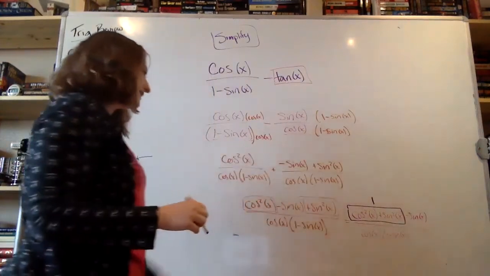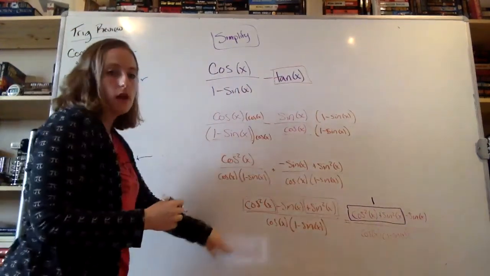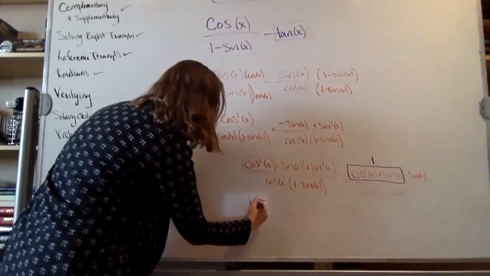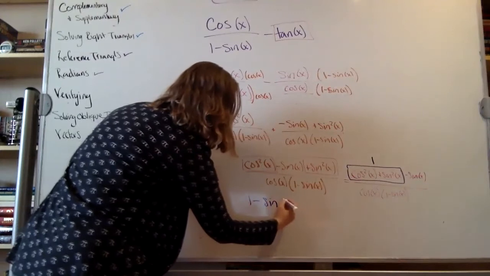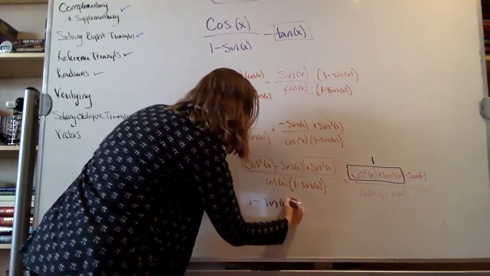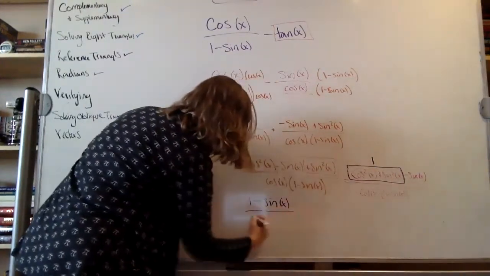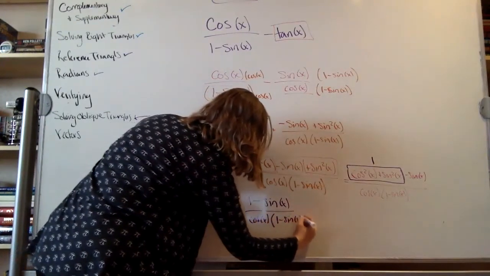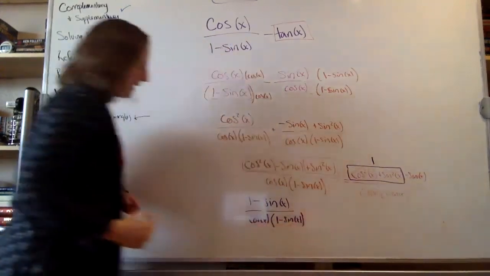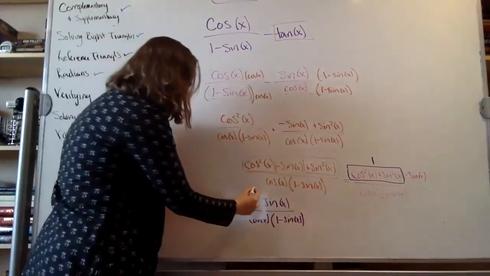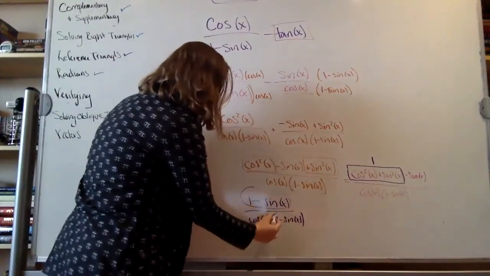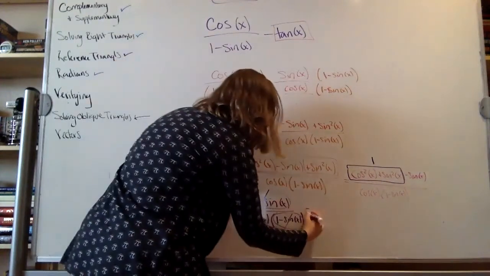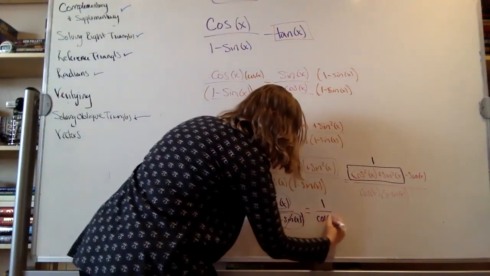So I can replace cosine squared plus sine squared with 1, which gives me 1 minus sine of x, that's what I have on top, over cosine of x times 1 minus sine of x. Hey, now it looks like we're getting somewhere. Notice that on top I have 1 minus sine of x, and on bottom I have 1 minus sine of x. Those cancel. Those just go away. That leaves me with 1 over cosine of x.